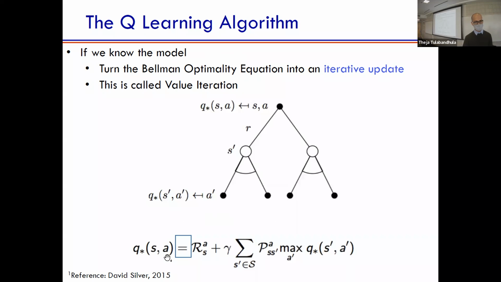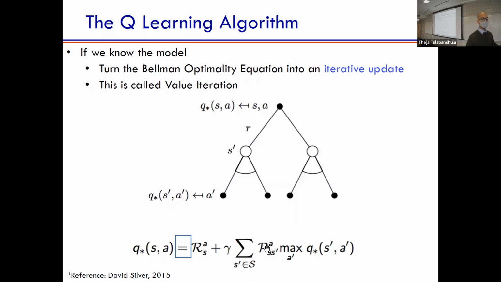In particular, we start with this equation and then make a couple of changes. One of the changes is going to be iterative: we change this equality to an assignment, and we also drop this expectation, because we don't know the transition, we don't know this P. That's what reinforcement learning is about. We don't know it, we have to learn.